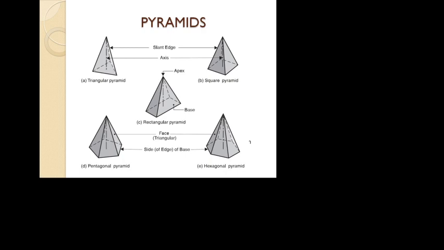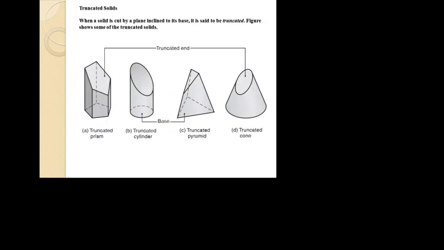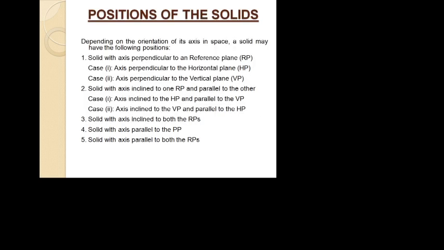So our wall is vertical and our ground is horizontal. So the axis is perpendicular to the horizontal plane. Here also, the axis is perpendicular to the ground.